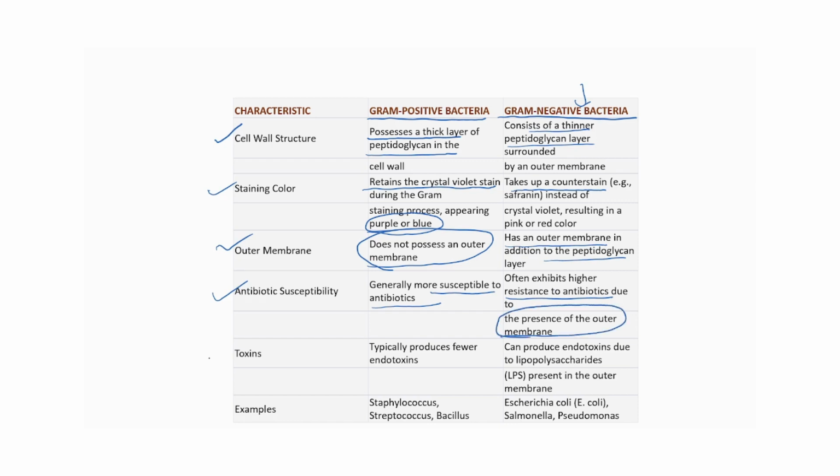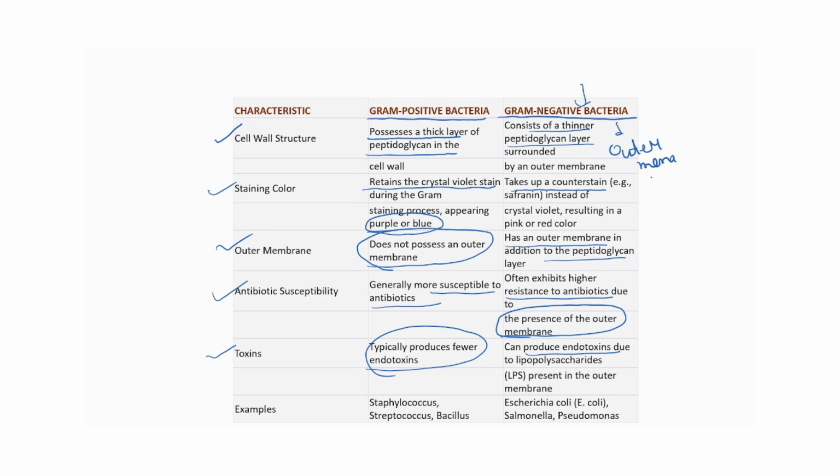Toxins. On the basis of toxins, gram-positive bacteria generally produce few endotoxins, but gram-negative bacteria produce endotoxins due to lipopolysaccharide. Lipopolysaccharide is present in the outer membrane, which gram-negative bacteria have.